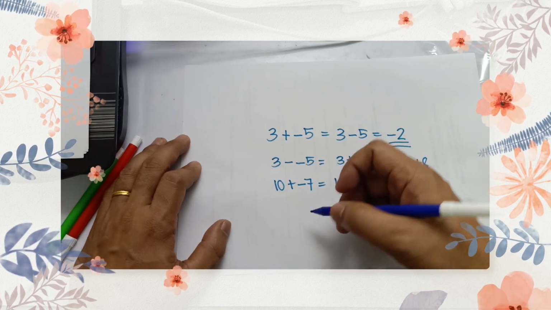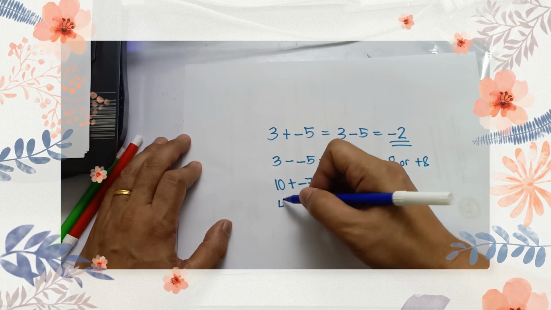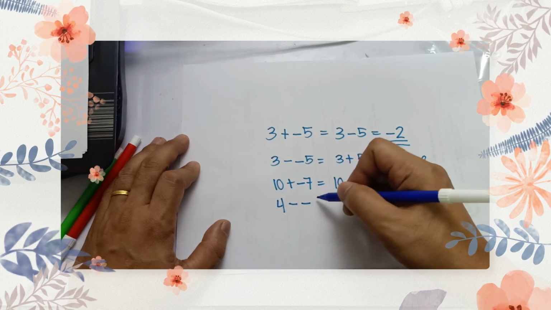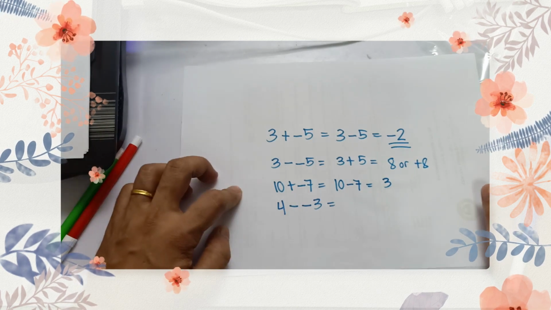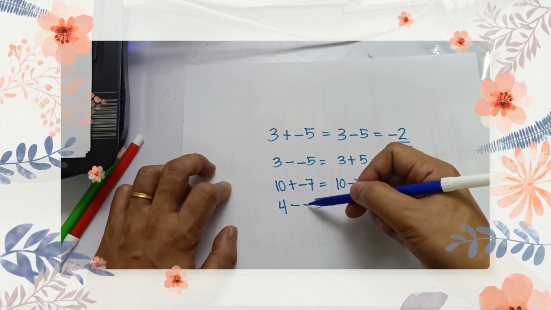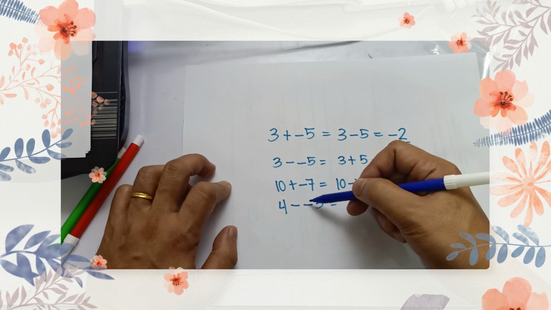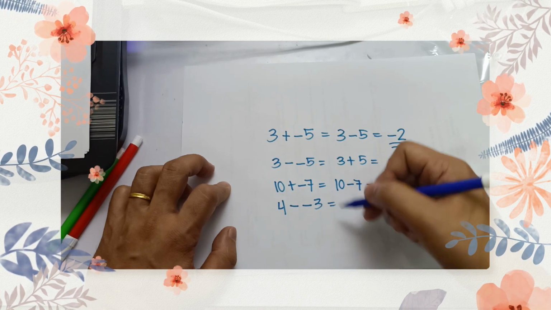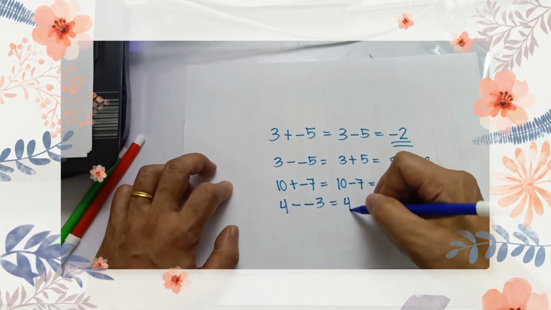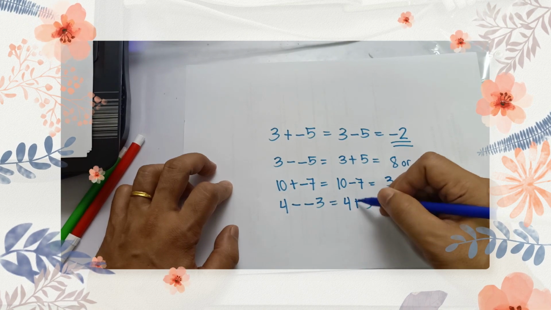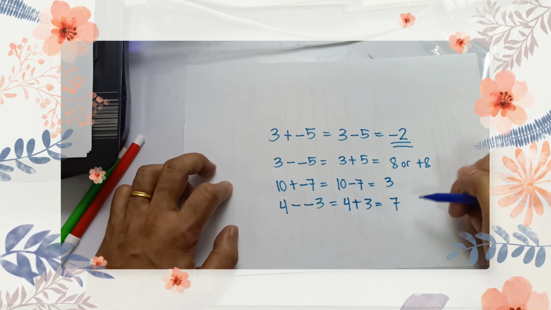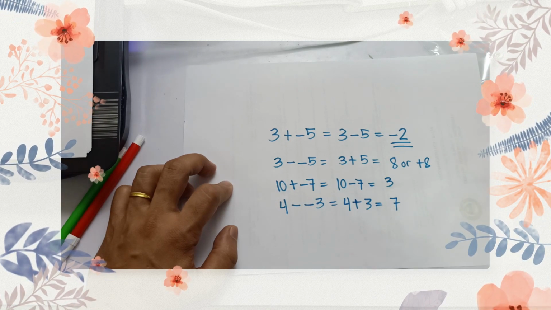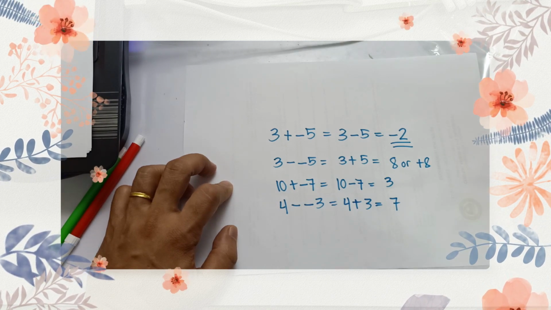Another one, if you have 4 minus negative 3, the same signs appear next to each other, so you will get positive. So 4 plus 3 equals 7, or positive 7. That's how simple it is.